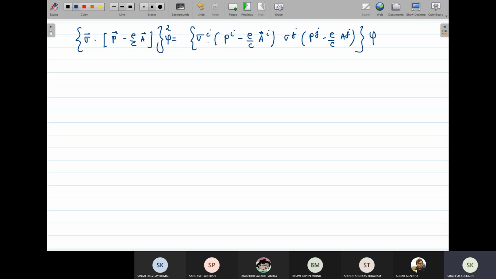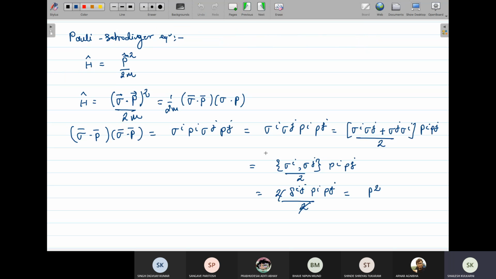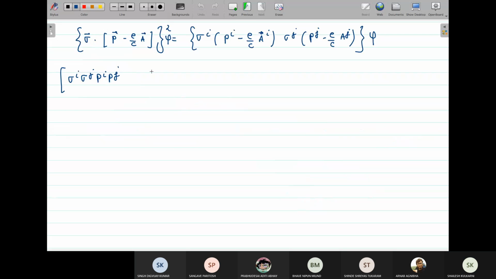What is the first term? Sigma i p_i, sigma j p_j, that I will write as sigma i sigma j p_i p_j, which is the same as this term. Then minus e/c sigma i p_i, but remember this P is now an operator.